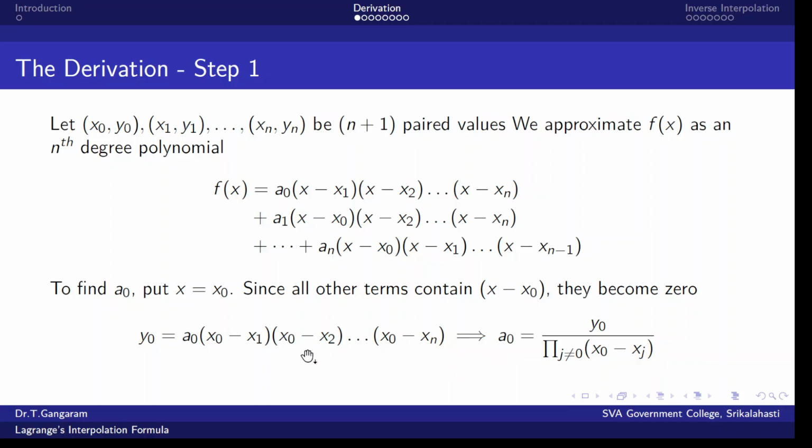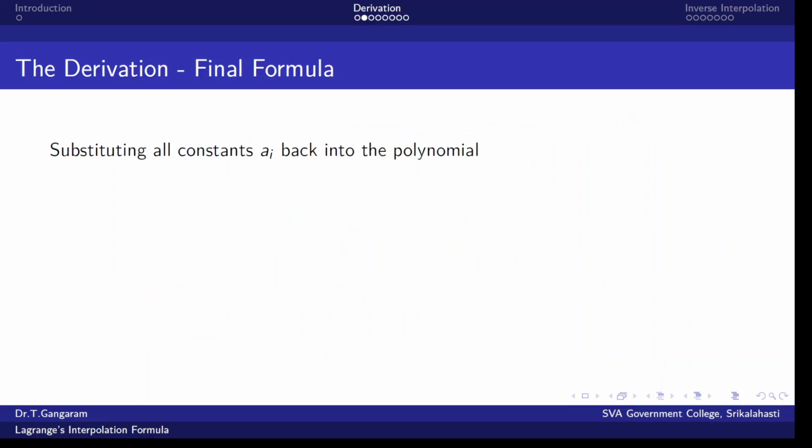This implies the coefficient a0 is equal to y0 divided by the product of these terms, which is the product over j not equal to 0 of (x0 minus xj). Similarly, the second coefficient a1 is equal to y1 divided by the product over j not equal to 1 of (x1 minus xj). Like that, the other coefficients can be estimated.